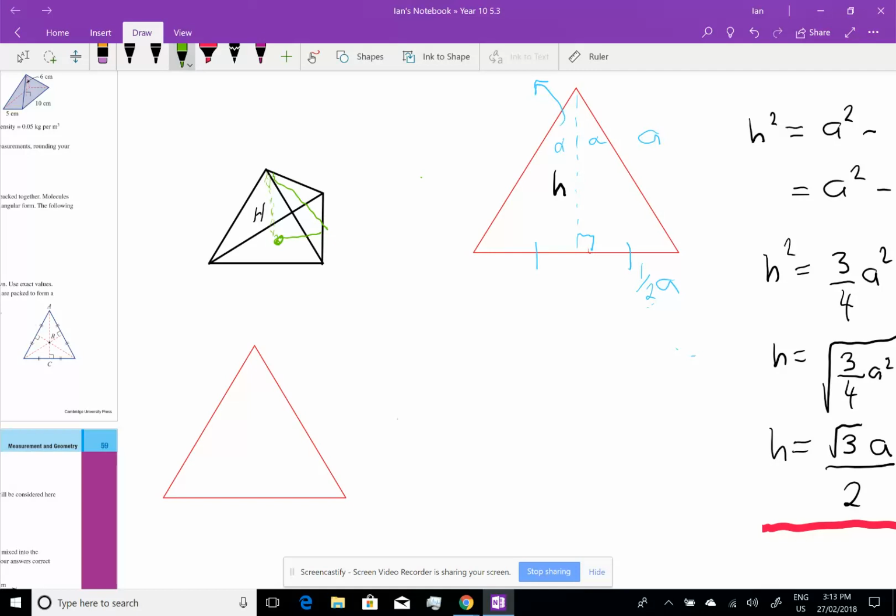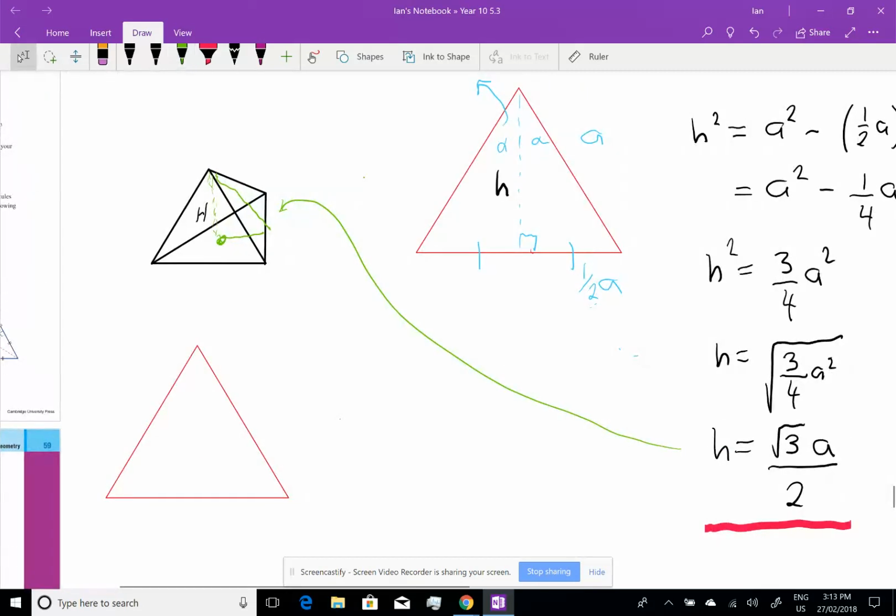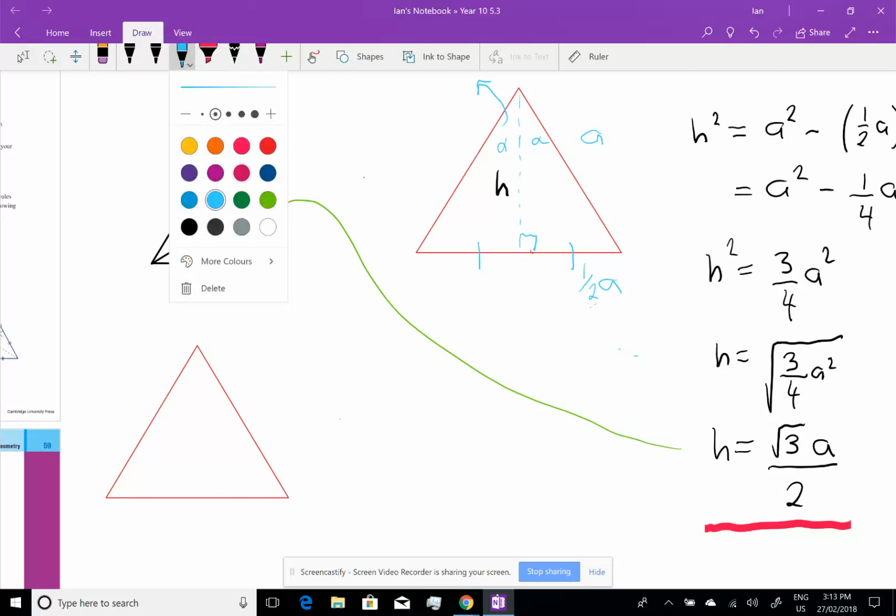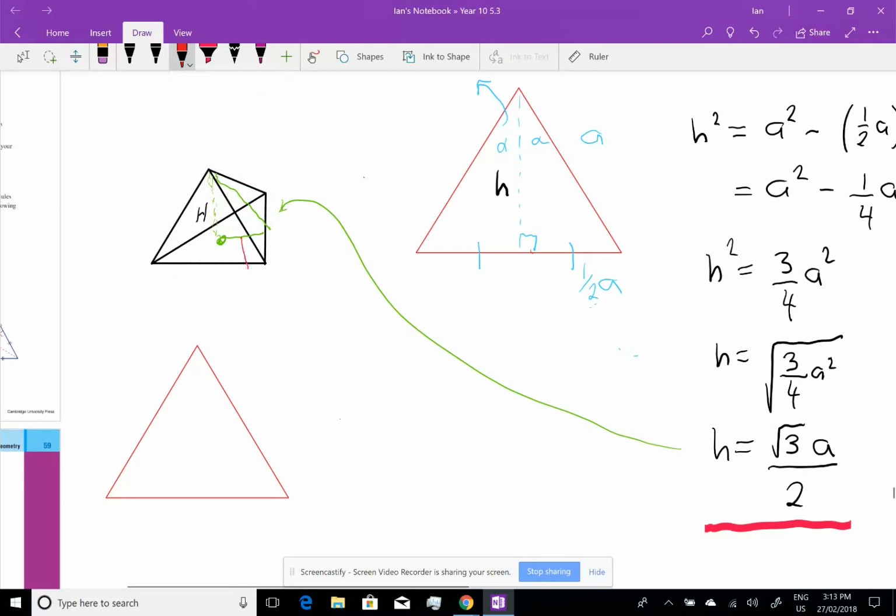It's this over here. That's the slant height, root 3 on 2 A. So all I have to do is find that bit there, and I can use Pythagoras to do it.